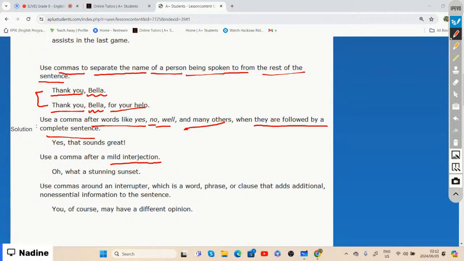And then we can also use commas around an interrupter, which is a word, phrase, or even a clause that adds additional non-essential information to the sentence.